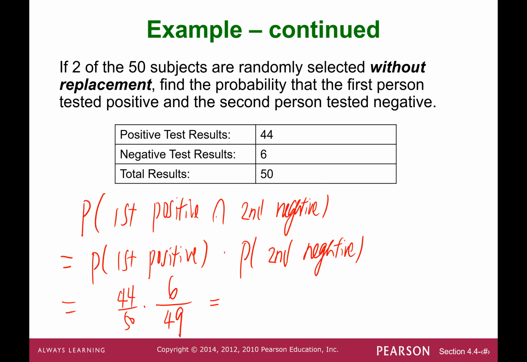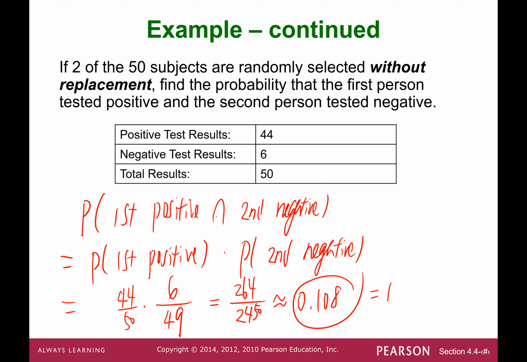So 44 times 6 is 264, divided by 50 times 49, which is 2450. 264 divided by 2450 turns out to be, to 3 significant digits, 0.108.